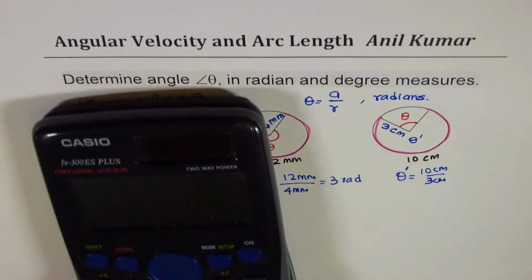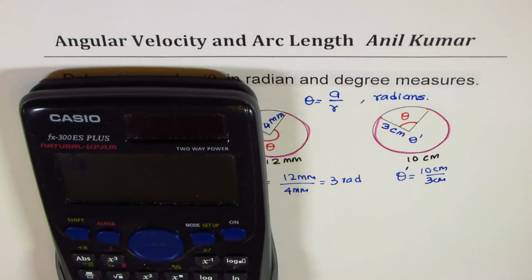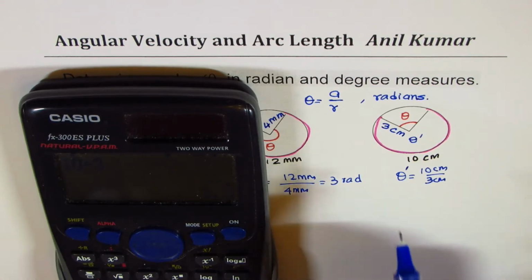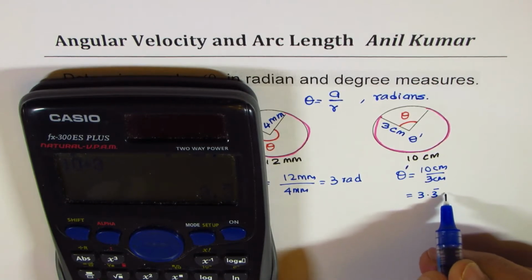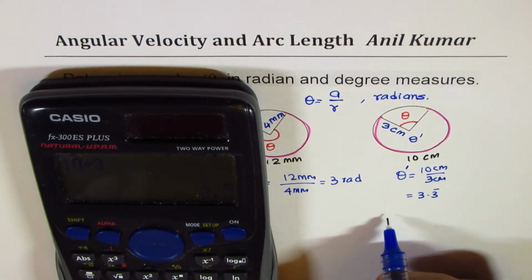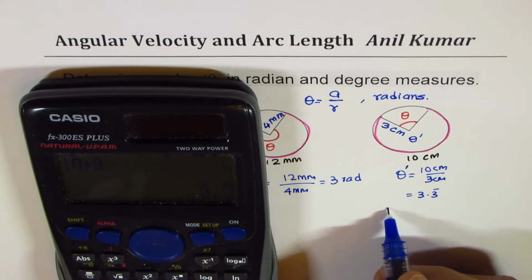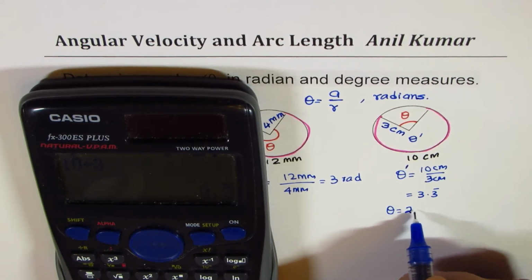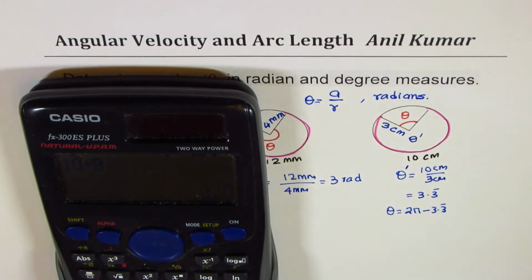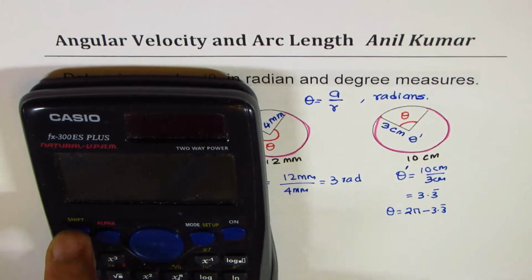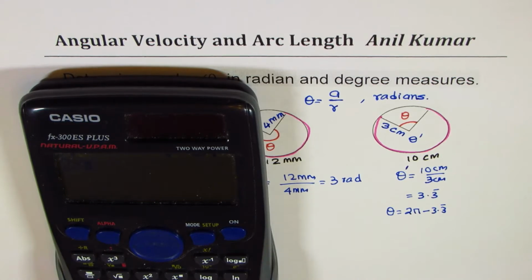So let's calculate this first. 10 divided by 3 in decimals is recurring, so let me write this as 3.33 recurring. That is radians, the bigger angle. But we need theta, which is 2 pi minus 3.3 recurring. So we'll do 2 times pi, and then take away 3.33.